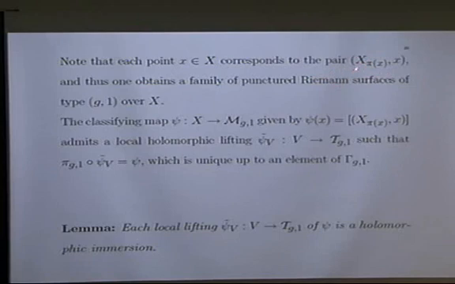Associated to pi of x, where pi is the fibration map, and the point x, with this marked point x, corresponds to a point in M_{G,1} or T_{G,1}. So this gives you a map from the Kodaira surface to M_{G,1}, at least locally, or you can lift it to the universal cover to T_{G,1}.